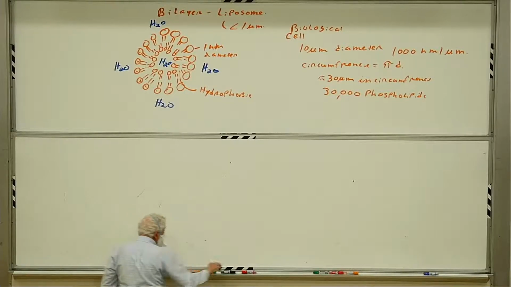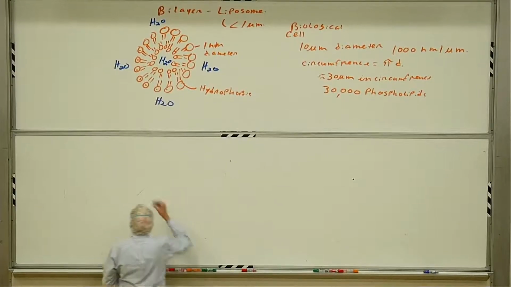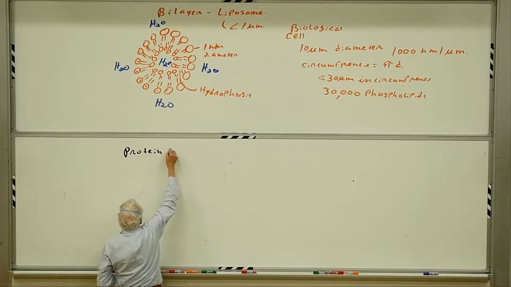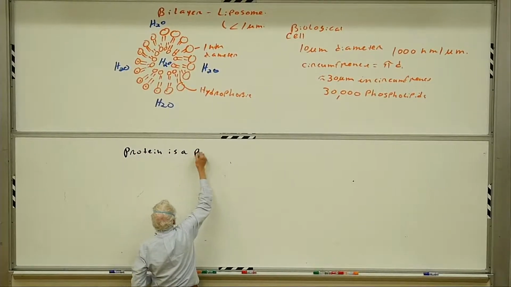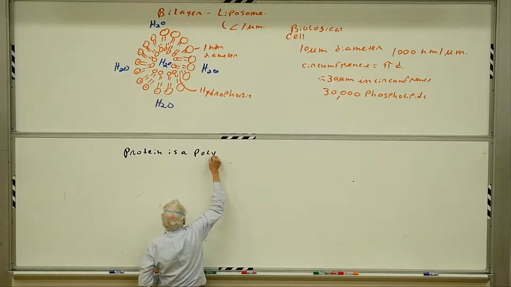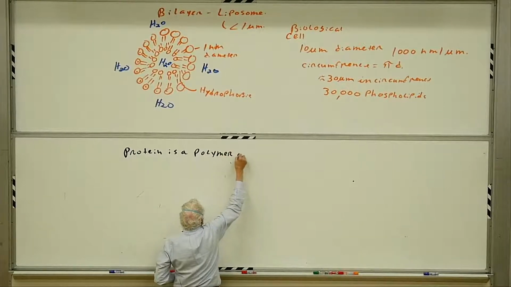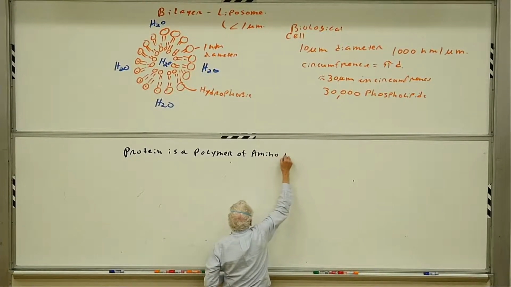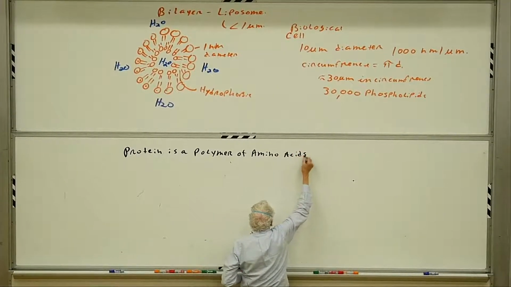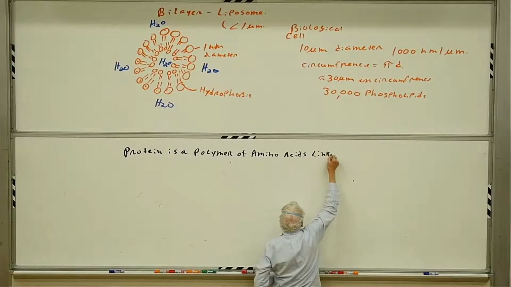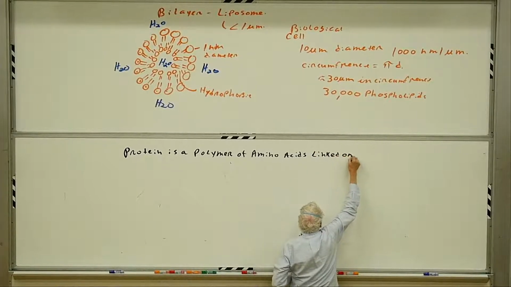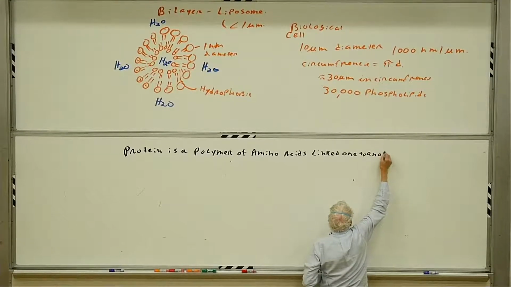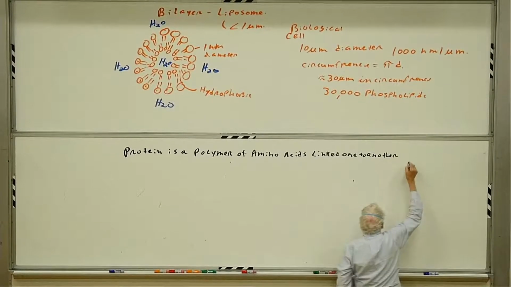So we can define here a protein. A protein is a polymer of amino acids, one to another, by peptide bonds.